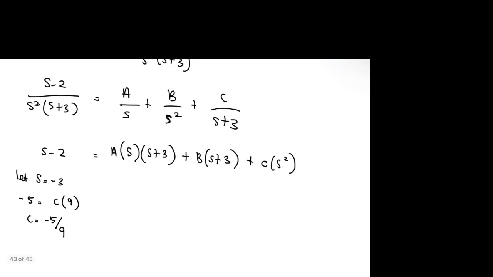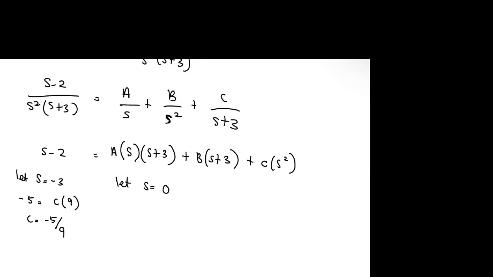Next, let's solve for B. If I choose s equal to 0, A will be 0 and C also 0, so I can find B. So let s equal to 0.